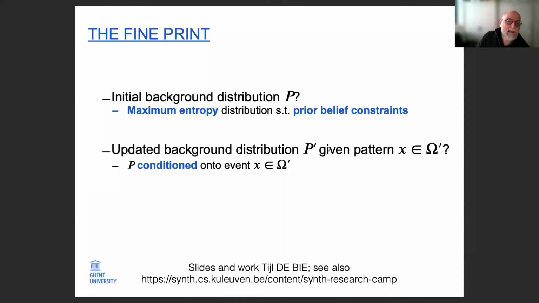The key idea is that there is an initial background distribution, which will be a maximum entropy distribution according to the prior beliefs. And then when you get new insights, new knowledge in a sense, you condition that on further beliefs, and you get a new distribution according to which you can see what is the most interesting.